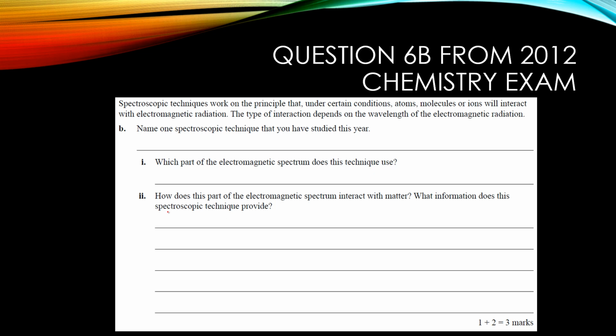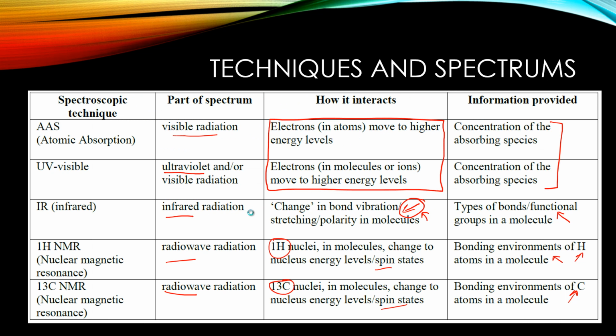And then we could actually say, well, how does this part of the electromagnetic spectrum interact with matter? And what information does this spectroscopic technique provide? Well, for each of these specific spectroscopic techniques, we would provide the part of the spectrum, we would talk about how it interacts, and then we would say, well, what information does this provide?